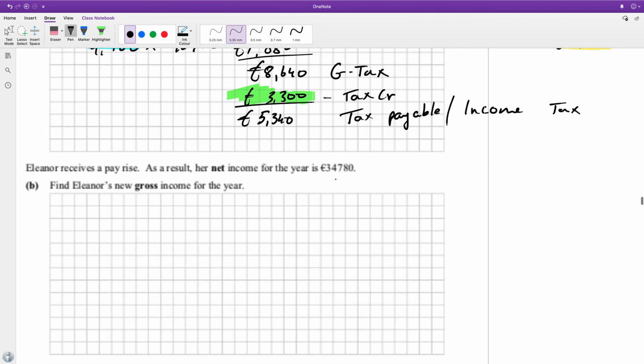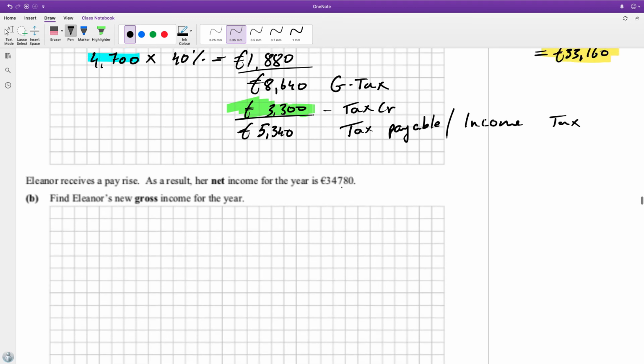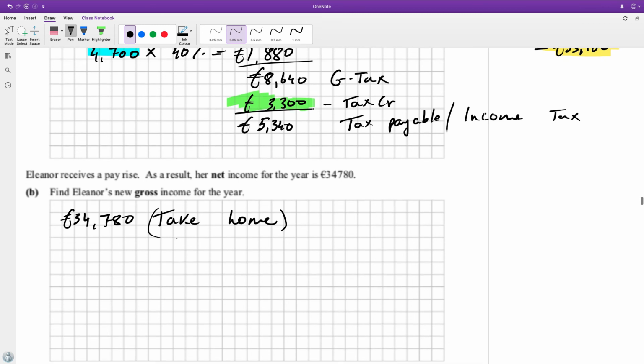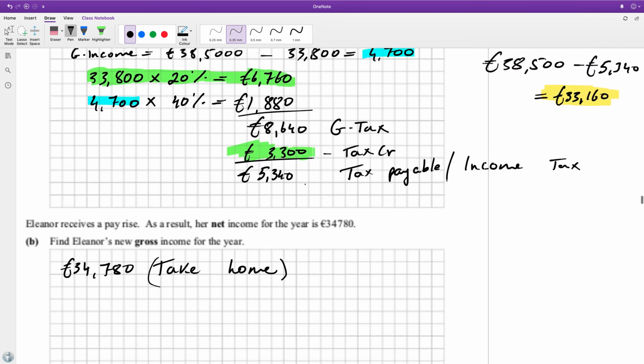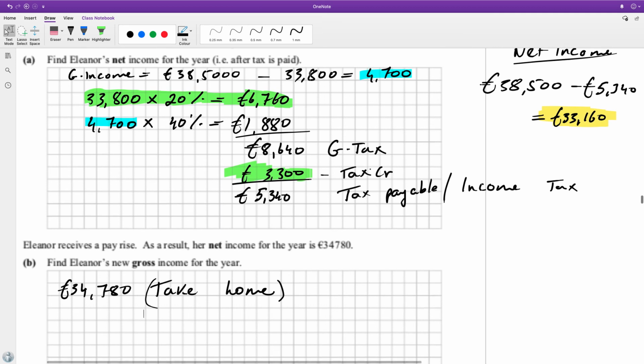Our net income for the year was 34,780. That was our take home. Her tax payable is going to change, isn't it? So how are we going to get any of those figures then?